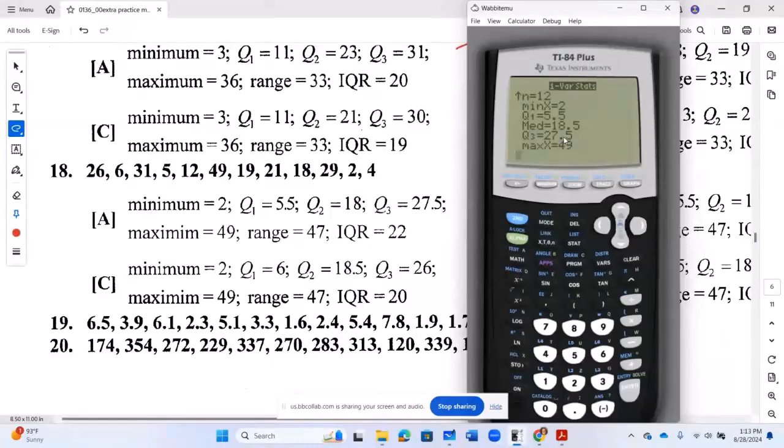Now, can someone give me what is the range? The range is maximum minus minimum. What is the range in this data? I want you to see the maximum is 49 and the minimum number is 2. What is the range? Let me see if you're paying attention.